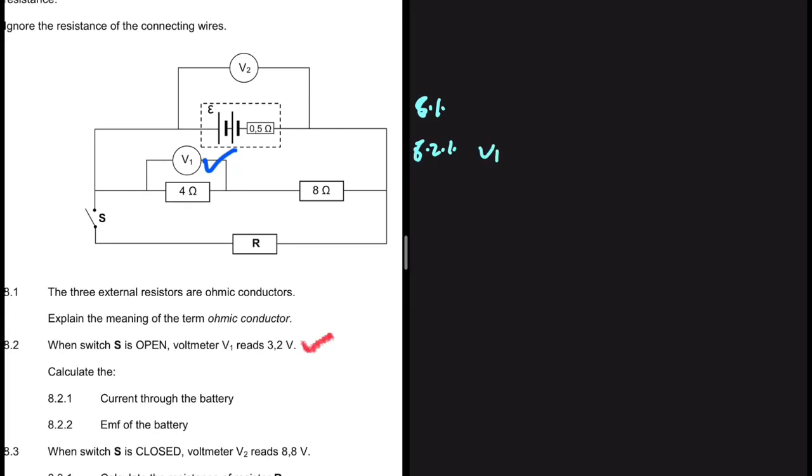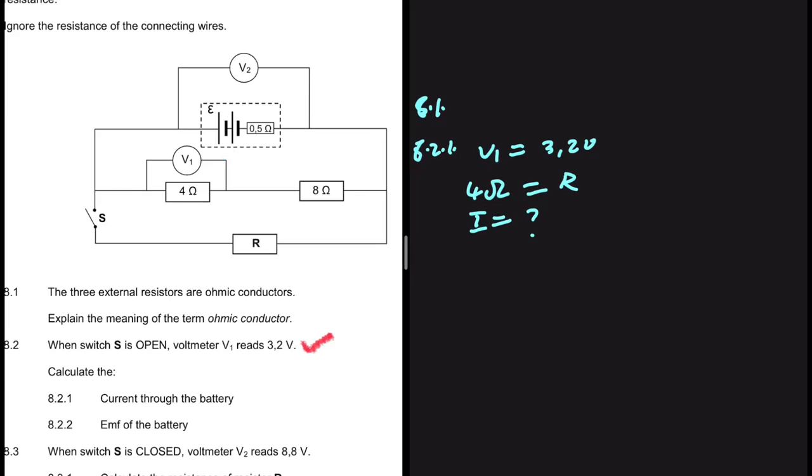We have a voltmeter reading on V1 of 3.2 volts. We also have the resistance of 4 ohms, of which V1 is connected across. So this is our resistance. We are simply looking for the current.